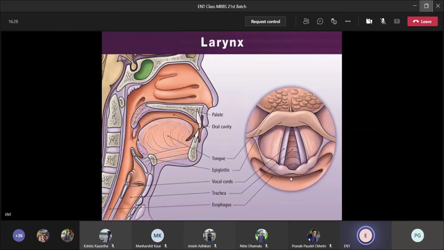Below is the esophagus. Upper is the palate, then oral cavity, then tongue, then epiglottis, then vocal cord, then trachea, then esophagus. So this is the normal anatomy of the larynx.